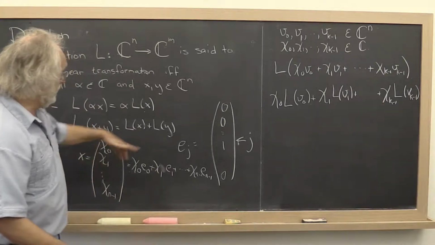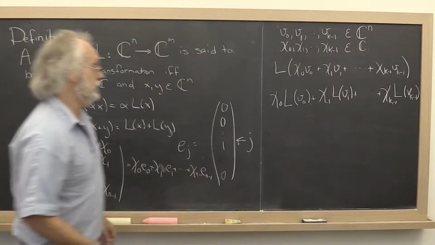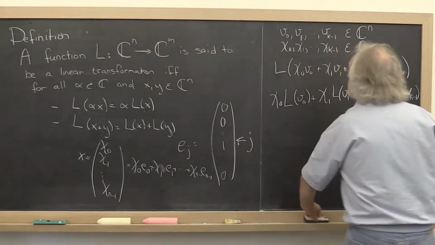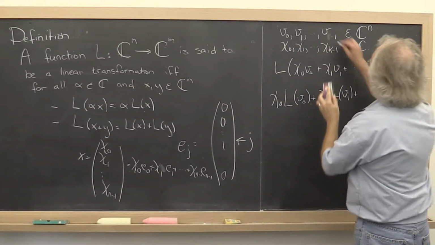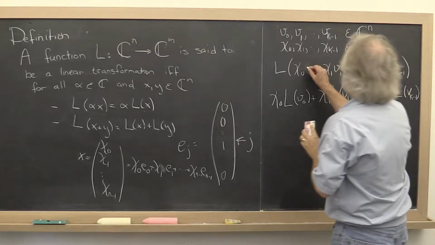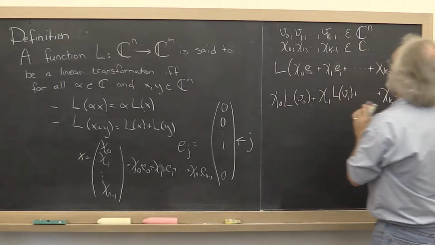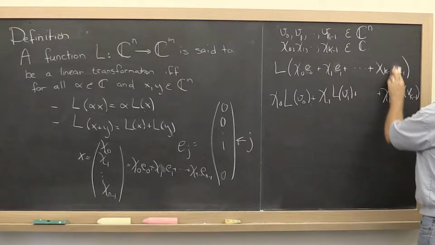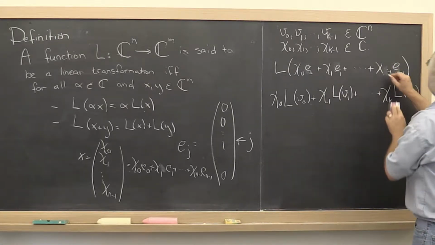What now if we take this linear combination and plug it in? Here we can plug in the linear combination of the standard basis vectors, which means that we need to change this to n and that to n.